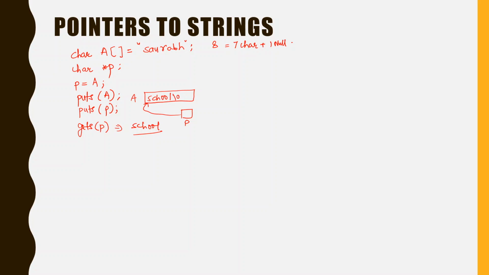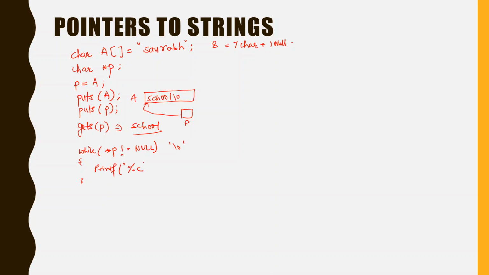Definitely we can also do this character by character. If you want to print it character by character, you may do it like this: while the pointer p is not equal to null, or you can also write it using the null character notation, then you simply printf.